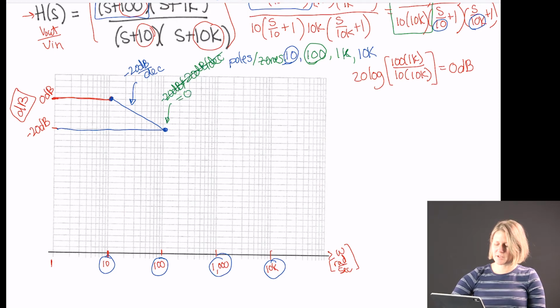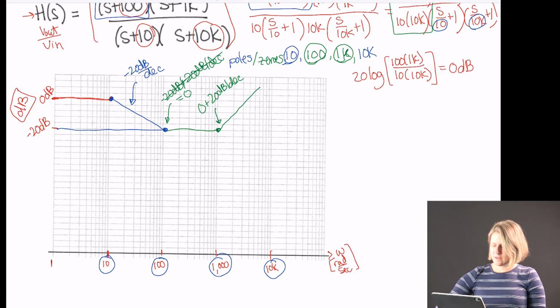So I don't have any slope here until I reach 1k, where I add on to that 0 another 20 dB per decade. And so between 1K and 10K, I'm going to go back up to that 0 dB, because in 1 decade I get a change of 20 dB. This is 1 decade.